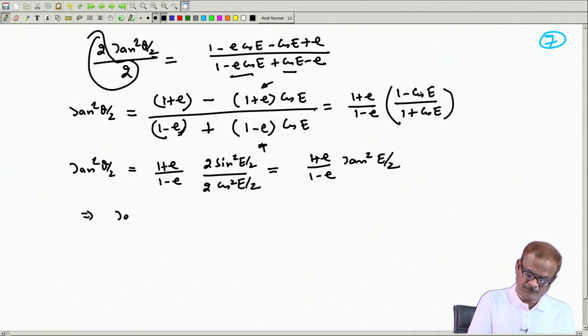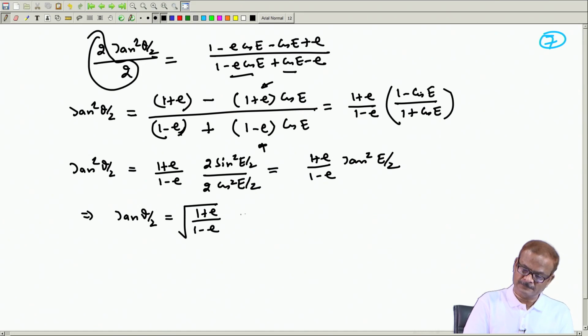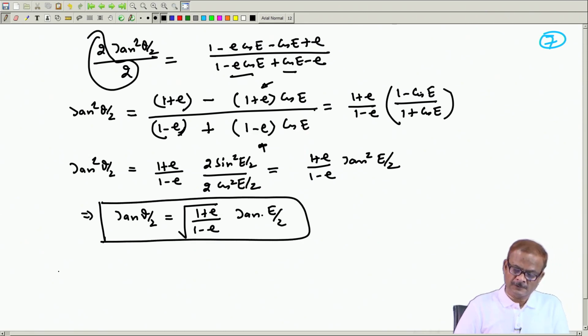This implies tan theta by 2 equals square root of (1 plus E) by (1 minus E) times tan E by 2. We have taken only the positive sign. So, we stop here and we will continue with the same point in the next lecture.